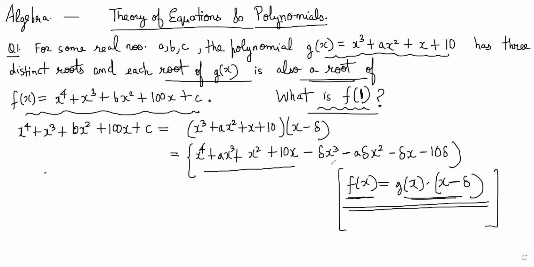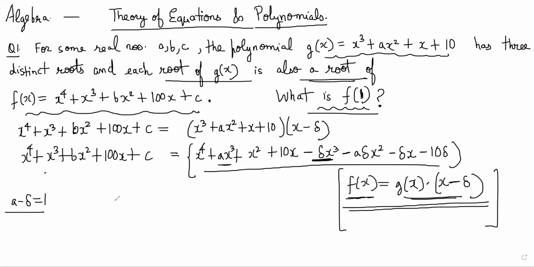You are getting something like this. So you can equate it to this polynomial, and you should be able to get some values at least. So x cube, for example, a minus delta is equal to 1.